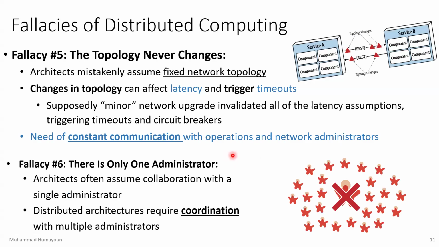There are a lot of small administrators trying to control their part of the network. So it is important that we remember that there is no one administrator. There are many people in between two services, and you need to talk to multiple administrators to make your service work.